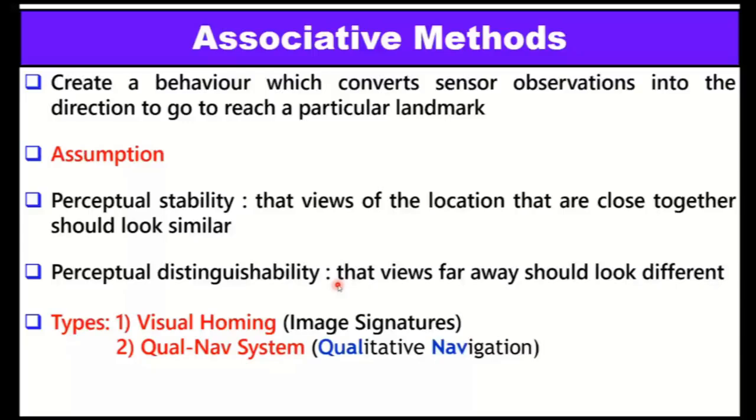There are many methods in associative methods. They can create a view from the top or 3D views. Associative methods can also create image signatures, and perception is possible because there are distinguishing features over there.